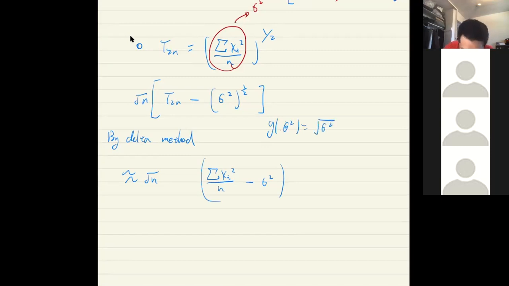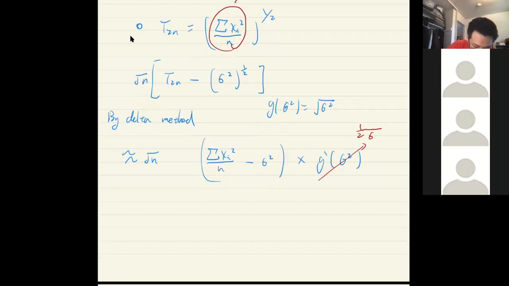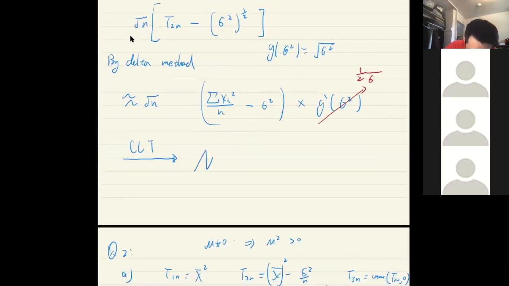So we have to multiply this. So this is equal to sigma. Then we can use the central limit theorem.